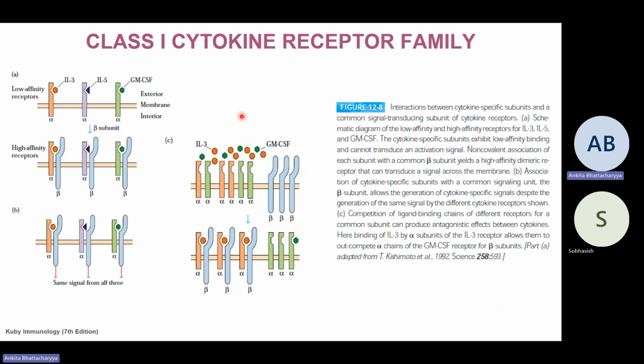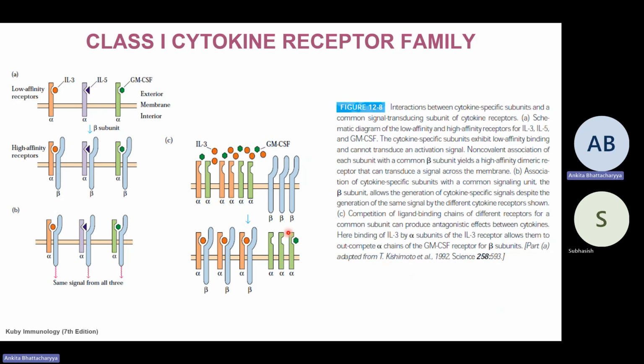The third subtype is the competition of ligand binding chains of different receptors for a common subunit. That is an example of the antagonistic effect that I talked about, because on the cell surface, you will not have only one type of alpha or one type of beta, and abundant cytokines to serve as the trigger for eliciting that particular pathway. Instead, when this cytokine is present at a concentration which is crucial but limited, it might happen that there is a preferential binding or a competition for binding to these ligands.